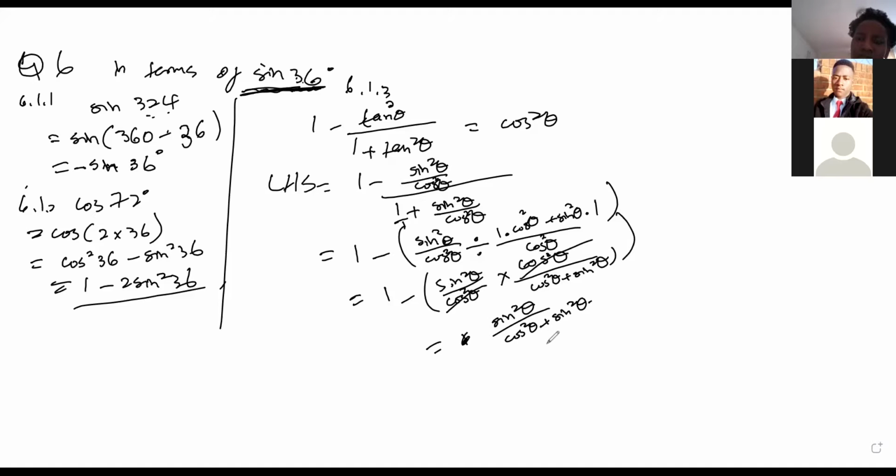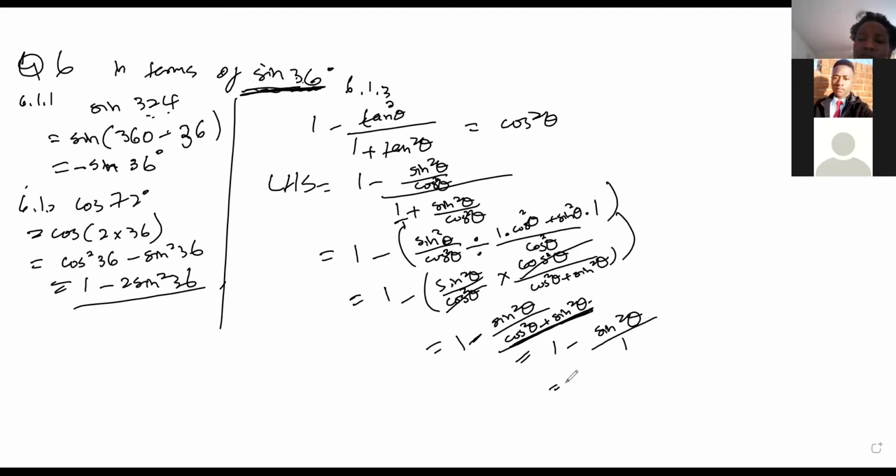What did I do here? There's a mistake. I left out that 1 outside. So we have cos squared theta minus sine squared theta over cos squared theta plus sine squared theta. Cos squared theta plus sine squared theta is 1, remember the trigonometric identity.